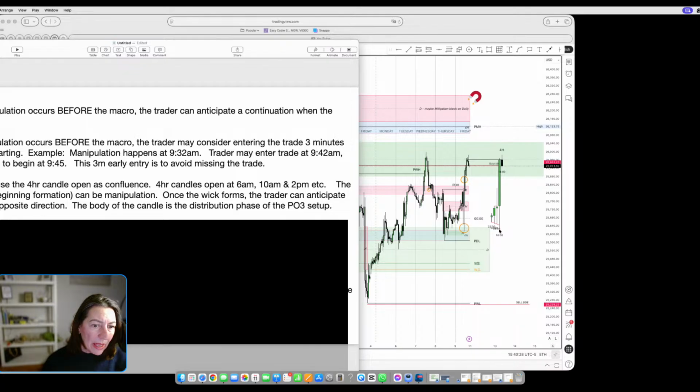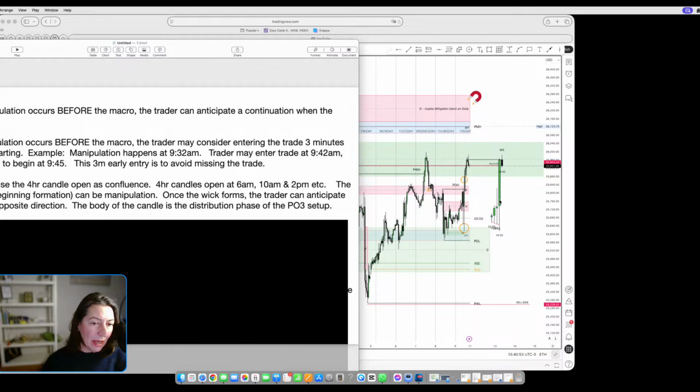We want to be entering on the wick of the 4-hour candle. Consider that to be the manipulation. So when you see the candle open and immediately move down or expand downward, then in our minds we can say, okay, this is likely the manipulation. So where is price going to move down to take the liquidity before moving higher?